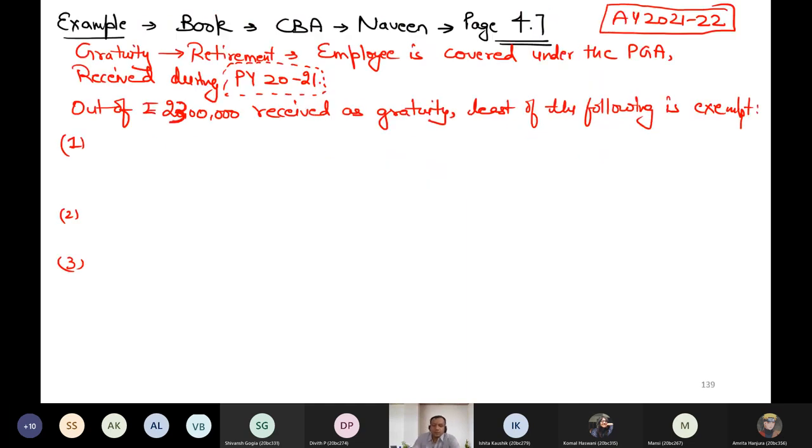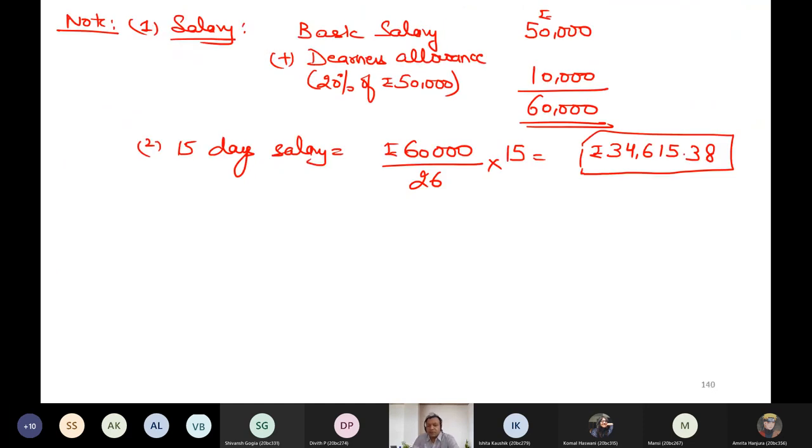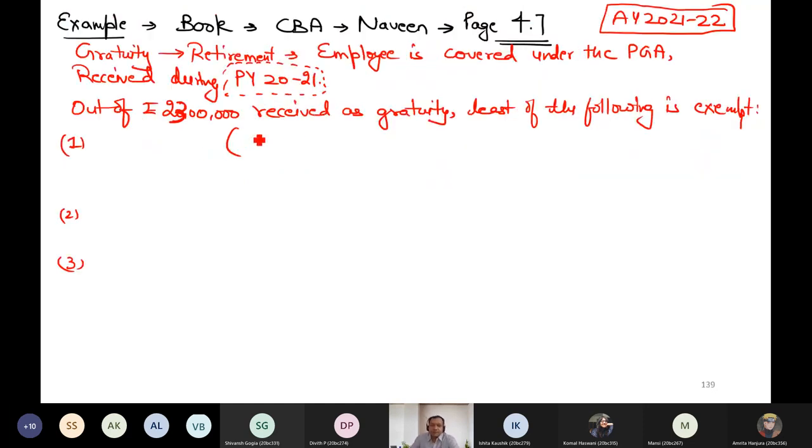Now, what is my first point? It is 15 days salary, which I computed as 34,615.38, multiplied by completed years of service in excess of 6 months. For how many years did this employee do the job in this company? 27 years, 11 months.